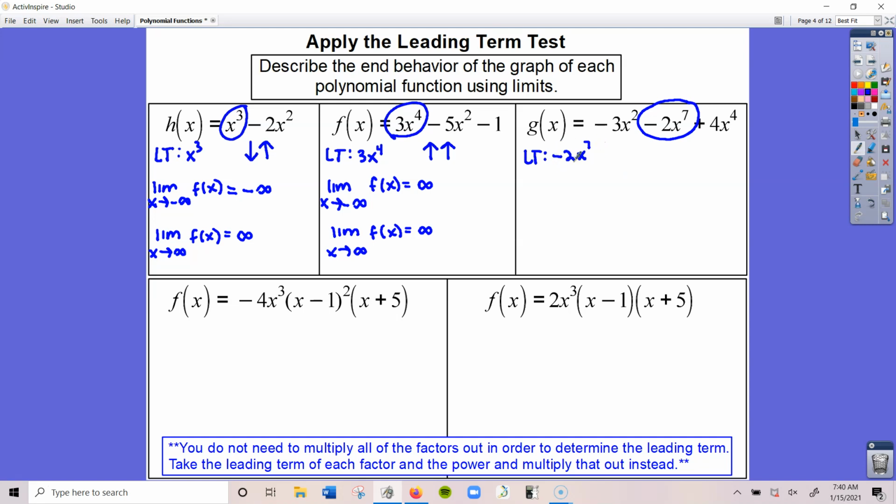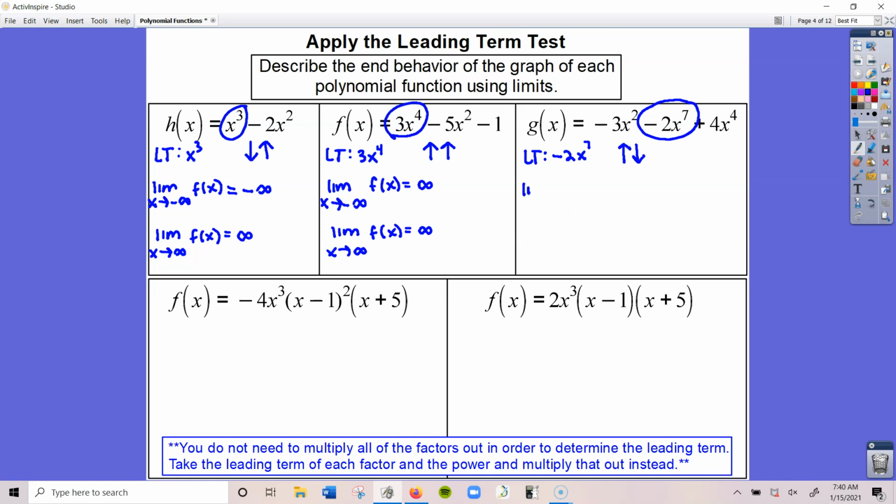Now because my leading coefficient is negative, that means that the right side is going to go down. Oops, and I put up. Just kidding. Let's try that again. So the right side is going to go down. And since my exponent here is odd, that means that the left side goes in the opposite direction, so up.